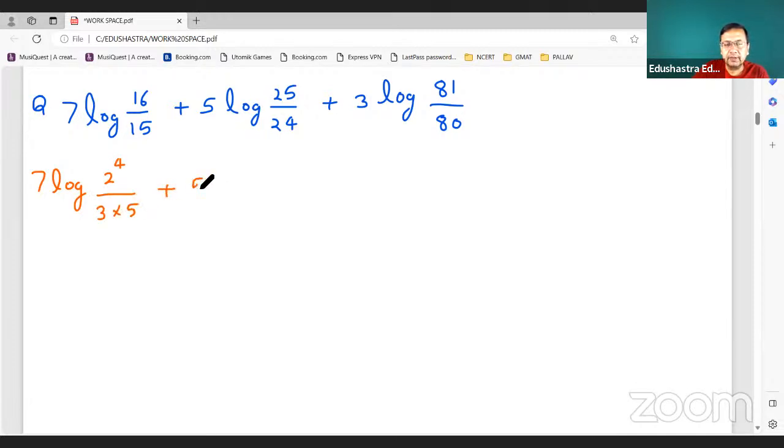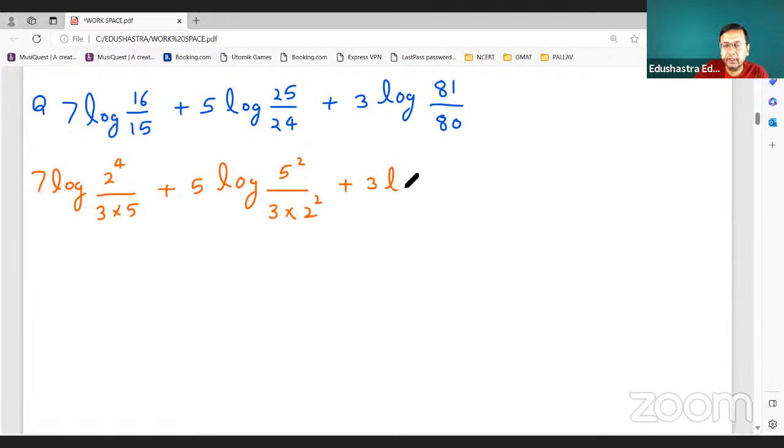Plus next 5 log. What is 25? 5 square divided by what is 24? 3 into 8. So this is 3 into 2 square, right? Simplify in the prime factor.